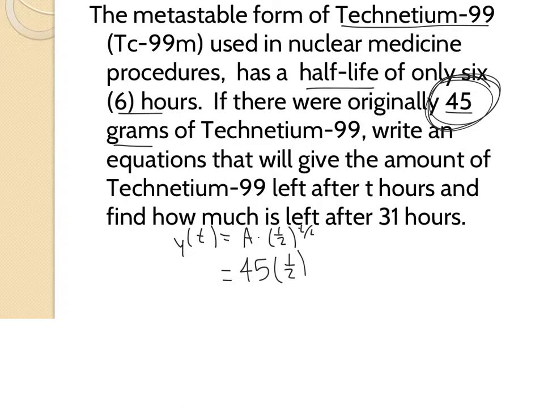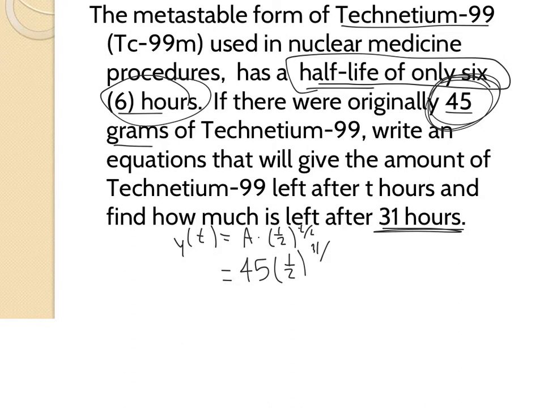T is the amount of time that they're asking us for, so that means 31 hours. So we do 31 divided by L, the length of the half-life. They told us that the half-life is 6 hours long, so I'm going to divide by 6.